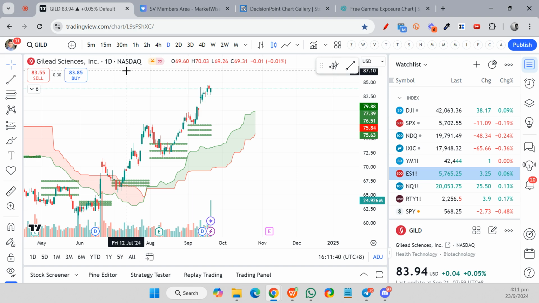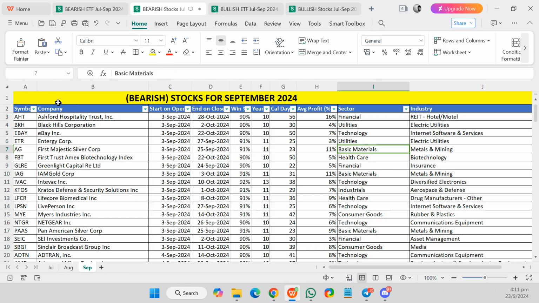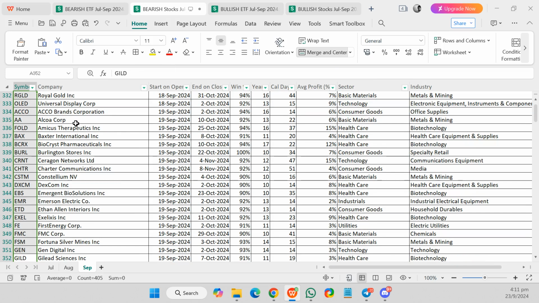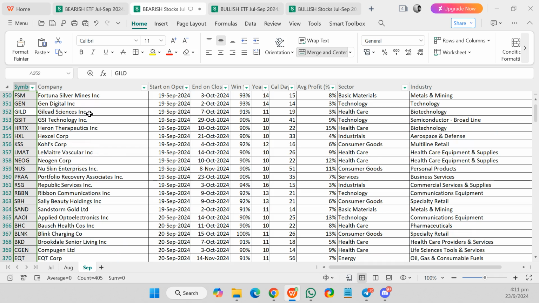For Gilead Sciences, the bearish stock, let's go and find this GILD. Gilead Sciences is here. From 19th of September to 7th of October, for the past 11 years, 10 years it has been down during this period, and the calendar days, 19 days, average profit about 3%.